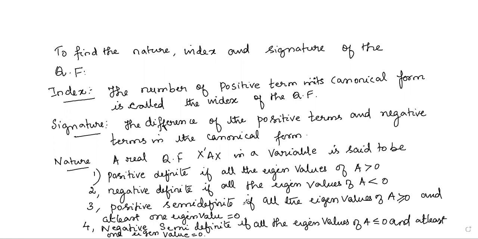Then positive semi-definite if all the eigenvalues of A are greater than or equal to 0 and at least one eigenvalue is equal to 0. Then it is said to be negative semi-definite if all the eigenvalues of A are less than or equal to 0 and at least one eigenvalue is equal to 0.